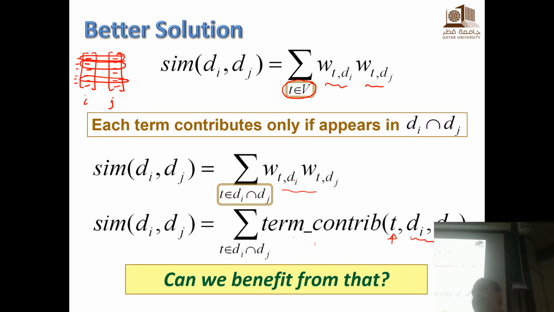We just need the terms that are common, and for these we need to multiply their weights. Those common terms are the only terms that will contribute to the similarity. Any term that is not common between the pair of documents will not contribute, because at least on one side it will be 0, and 0 times anything is 0.